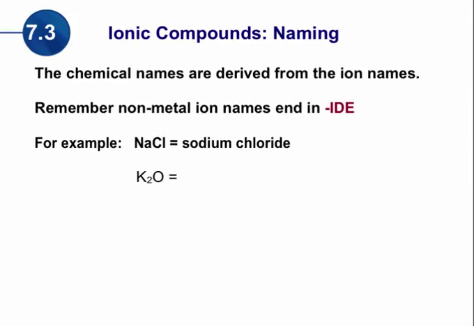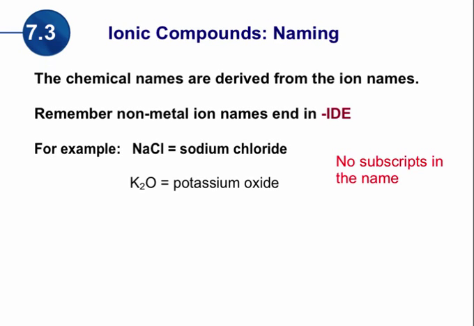Same could be true with K and O. K is potassium, O is oxygen. Oxygen is a non-metal ion, which means it ends in IDE, and we have potassium oxide. Now notice these names, there are no subscripts in the name.